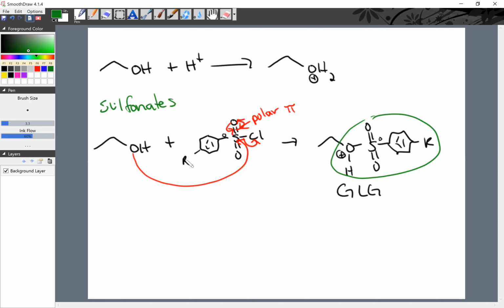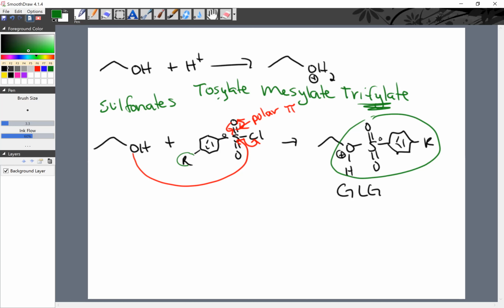And then they each have different attachments and they have different names. So tosylate, mesylate, triflate. Okay, that's the best leaving group. Again, probably don't care what it is attached to, just that's the idea.